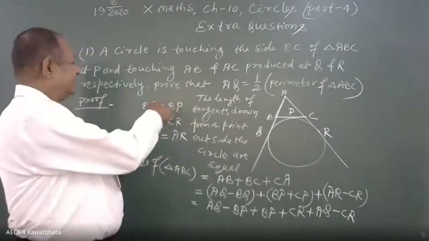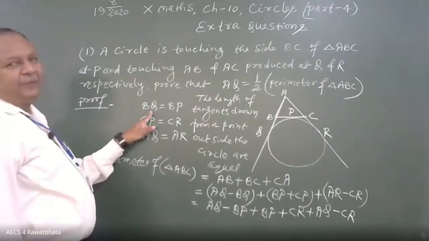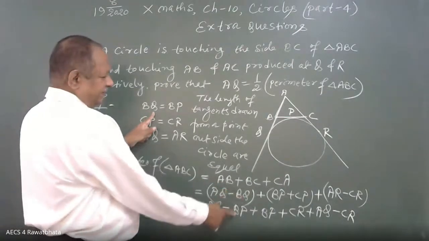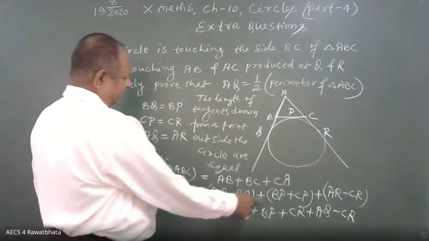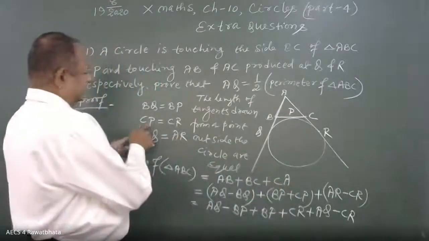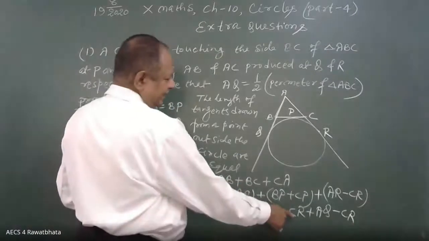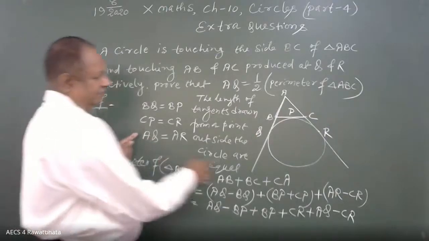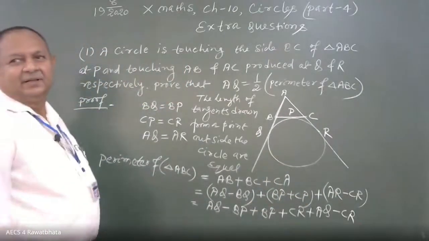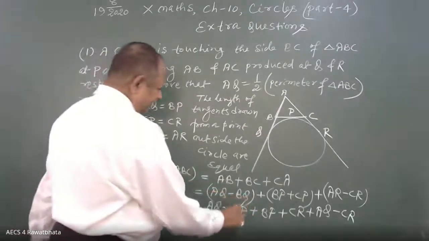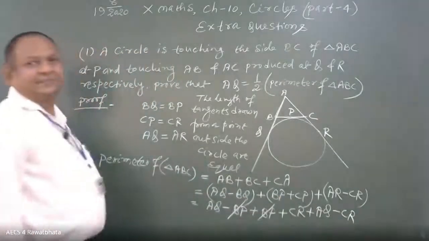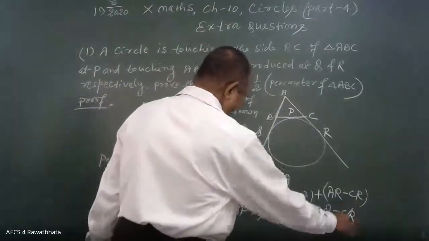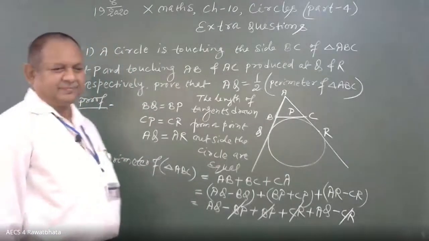Using these equalities, in place of BP we have written BQ, in place of BQ that is BP, in place of CP that is CR, in place of AR that is AQ, minus CR. So this minus and plus cancel, and again CR plus CR minus cancel, right?